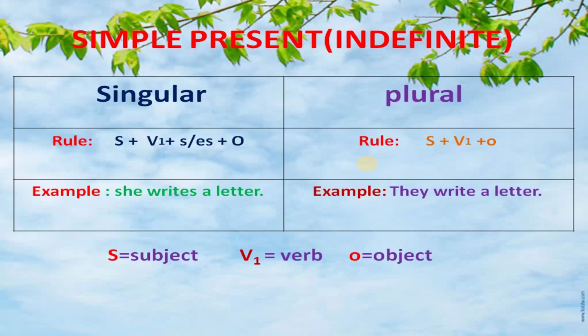Example: they write a letter. Here S is subject, V1 is verb form 1, and O is object. Same in all the slides: S means subject, V means verb, whether V1 or V2, and O means object.